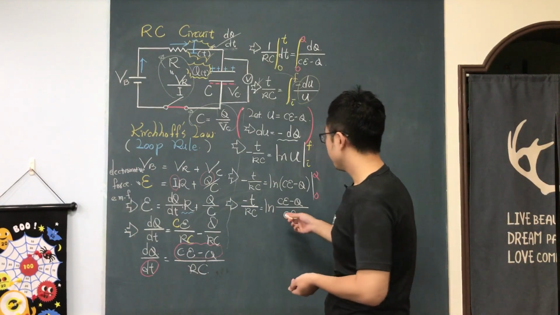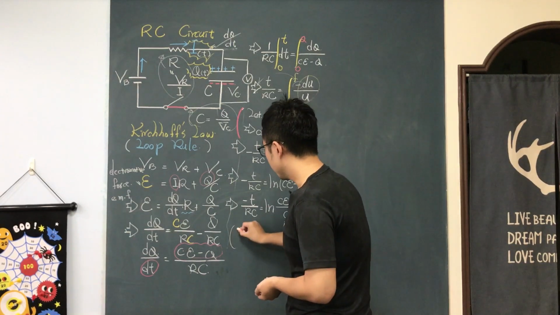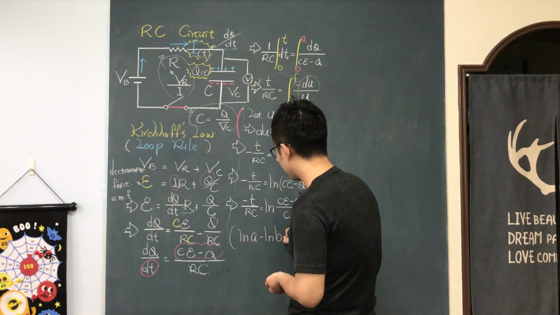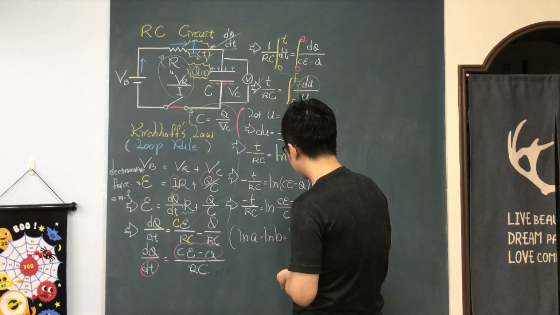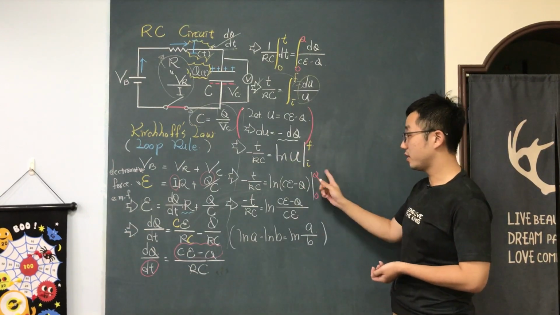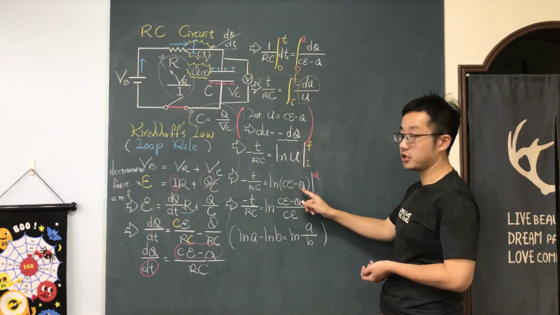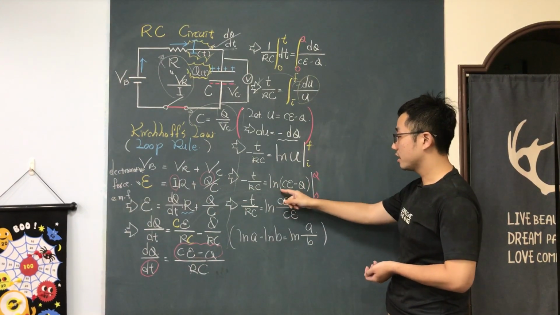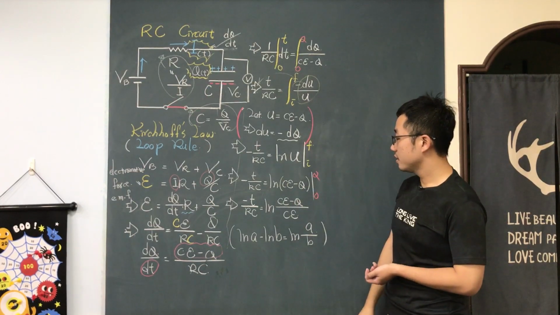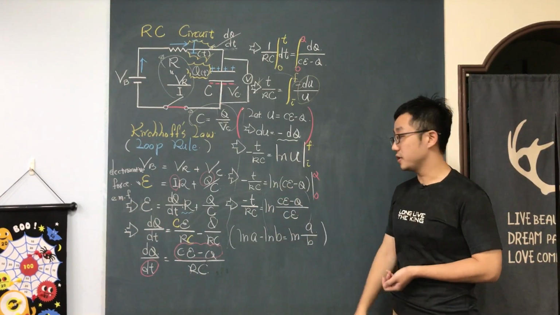When you do calculations with a logarithm, natural log A minus natural log B is equal to natural log A divided by B. So you plug in q, and you get natural log of CE minus q minus natural log of CE minus 0. So this is how we write natural log of CE minus q over CE.